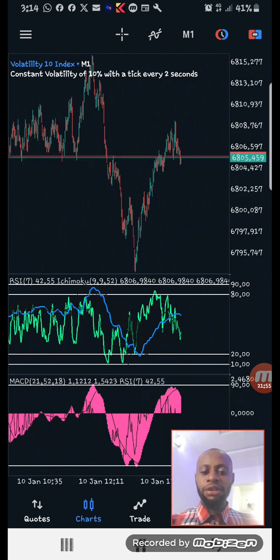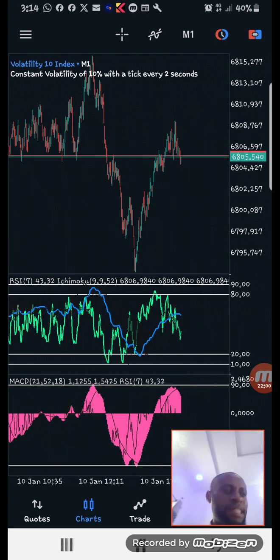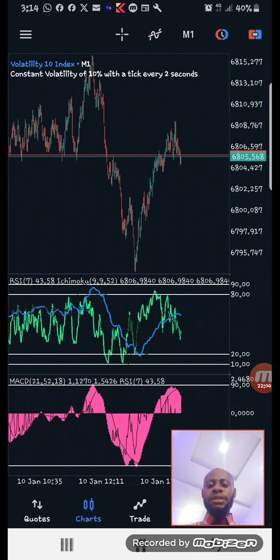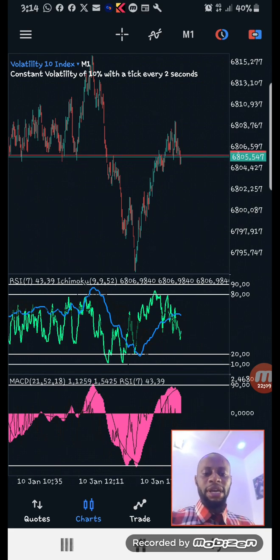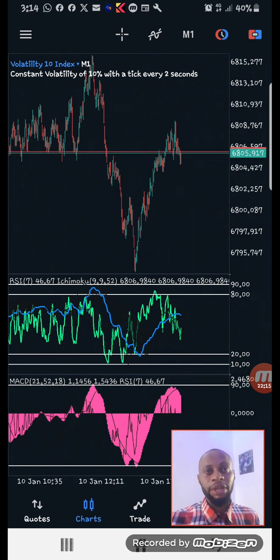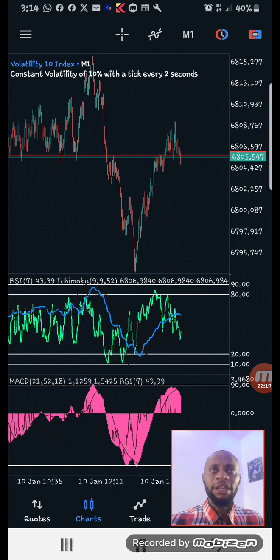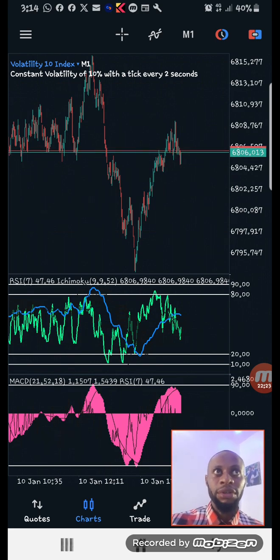Celebrate your little wins, your little profit from your little beginning, from your little start, and then time will come that you start celebrating big. If you make some profit, take it out, and maybe do something good with it while you trade with the other funds.